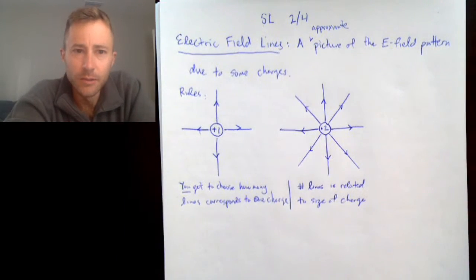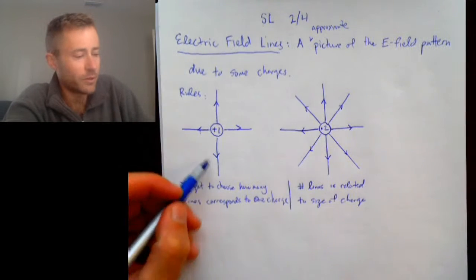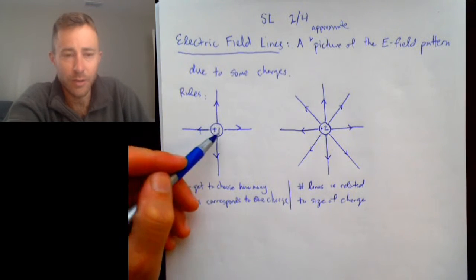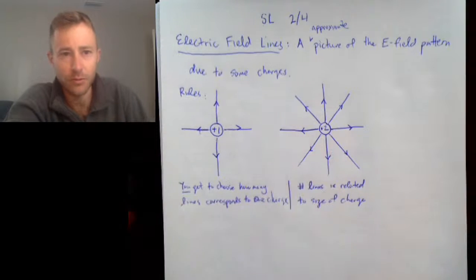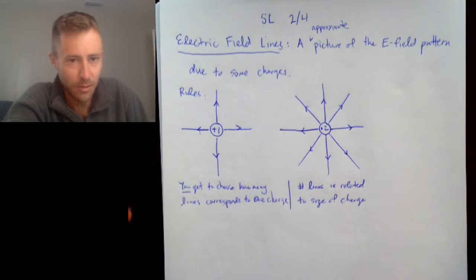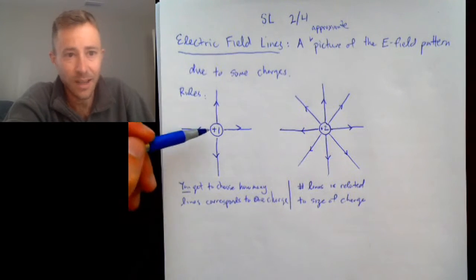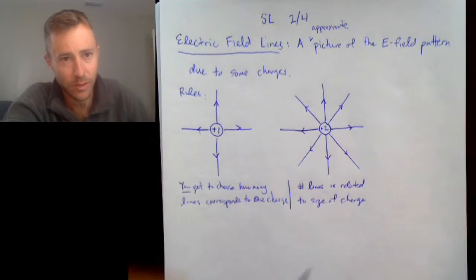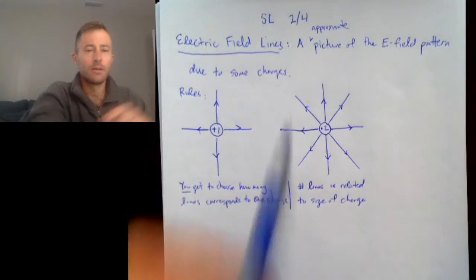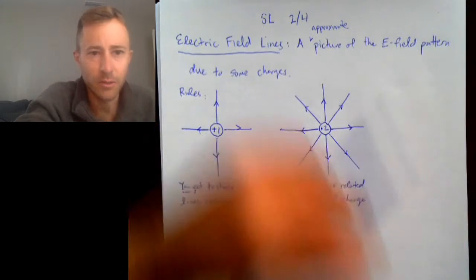Okay. So however many you decide one is. If I decided that +1 has 3 lines, then +2 better have 6 lines. If I decided that +1 has 10 lines, then +2 would have 20 lines. Okay? So it just kind of depends on the amount of detail you want to have.